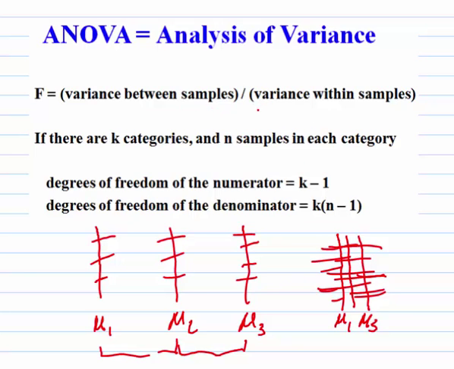So the ratio won't be very large, and we won't be able to determine whether the means are actually different within our samples. But if the variation within samples is much less than the variation between samples, then we can say that there's a difference between the means. And that's basically what analysis of variance is doing.